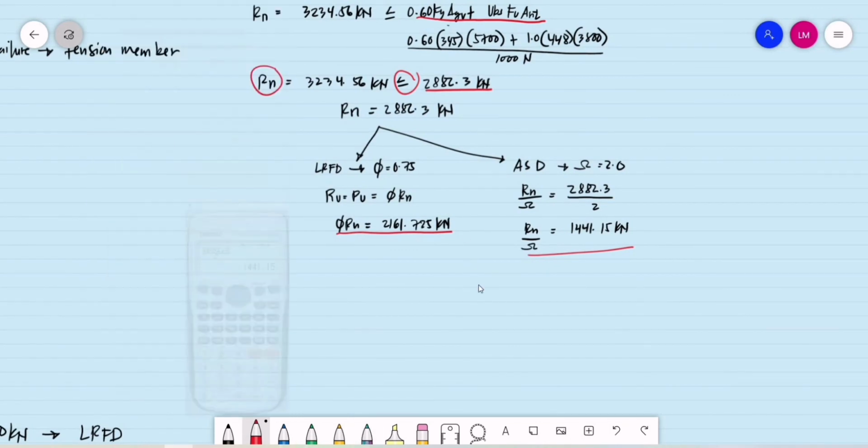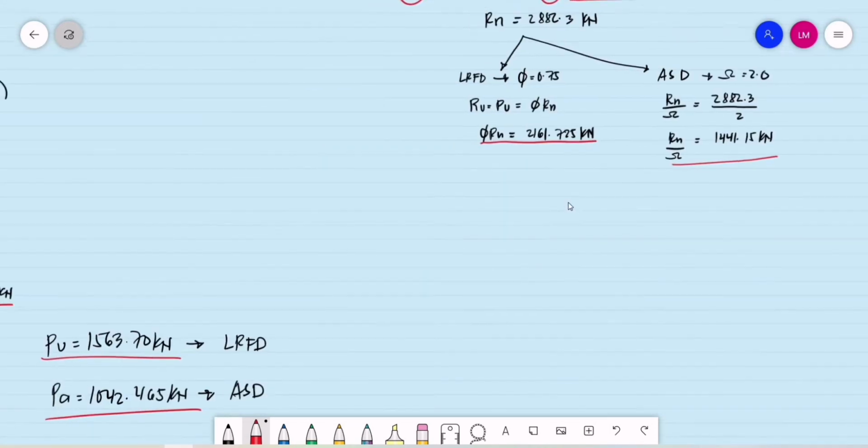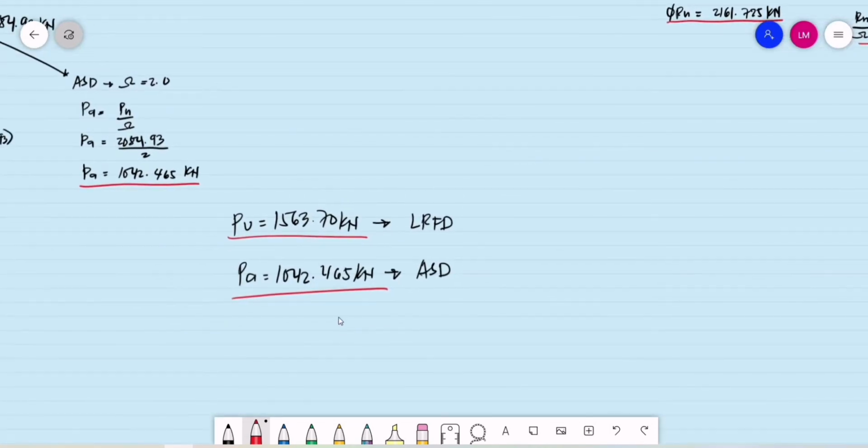Yeah, 1441.15 kilonewtons is greater than 1042.465. So the analysis that will govern will be under the tensile rupture strength. So, these are the design values.